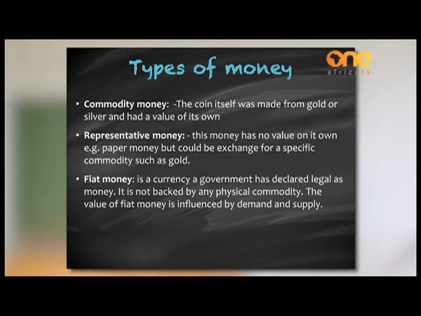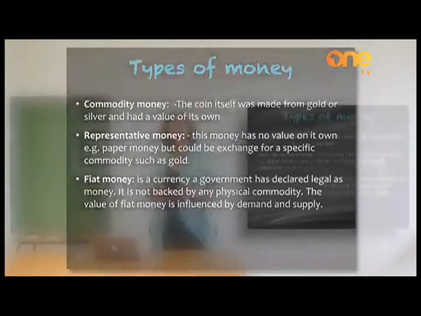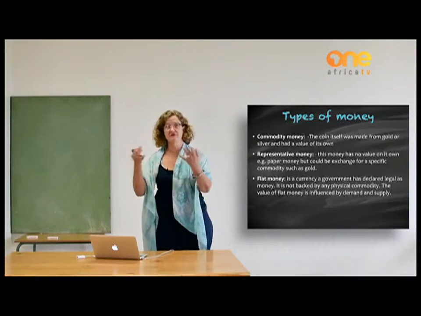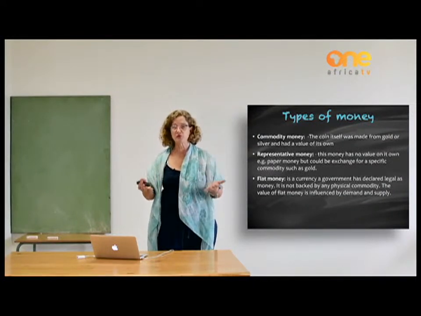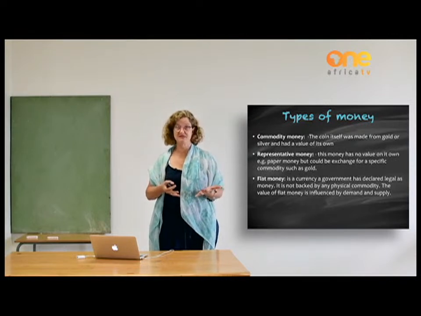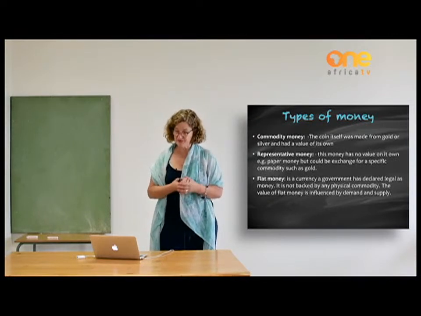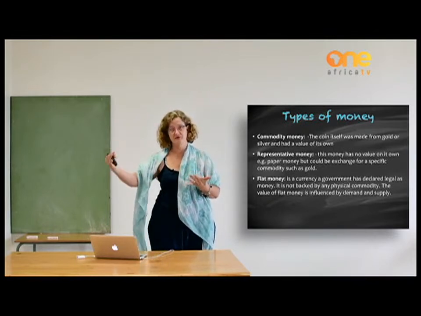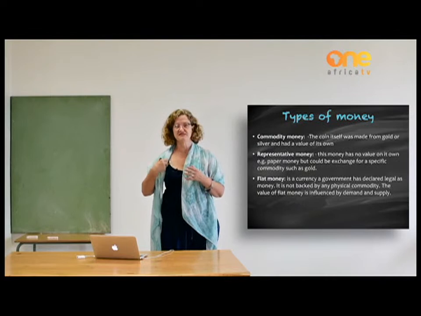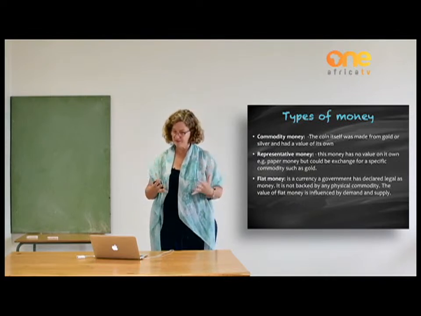But nowadays, our money is not backed up by gold or diamonds or whatever it is. So you can't take your 200 note and say, I want gold for this, because it's not backed up by that. And the money we use nowadays, that is not backed up by, for example, gold, is fiat money.